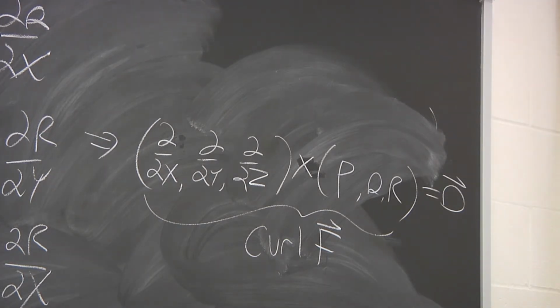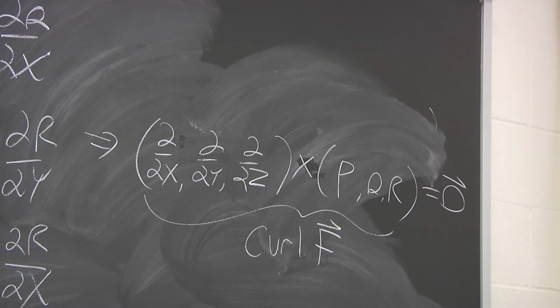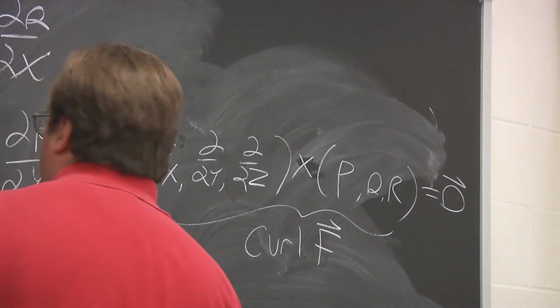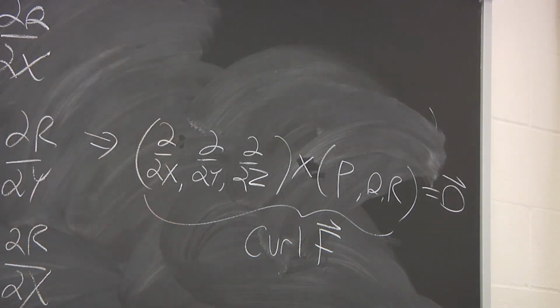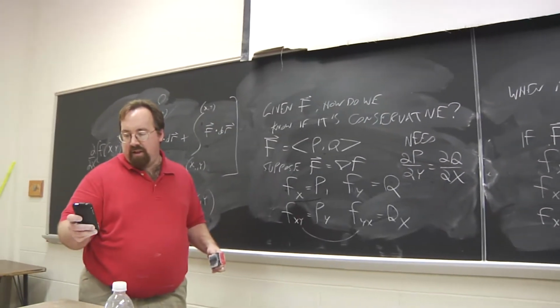This vector of differentiation operators is something else to get used to, because we're going to take the cross product and dot product of it with vector fields for various purposes. Okay, so however you look at it, at least we have a way of checking whether a given vector field is conservative.